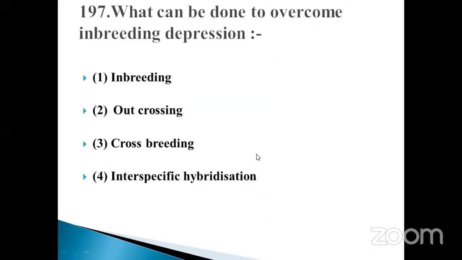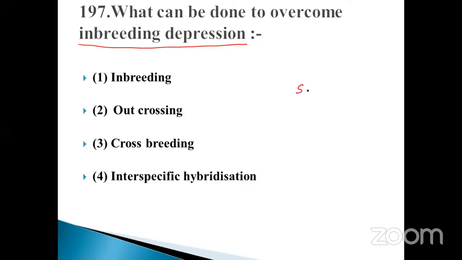For the next one: what can be done to overcome inbreeding depression? What is inbreeding depression? We already discussed it, my dear. What is inbreeding, and what is outbreeding?